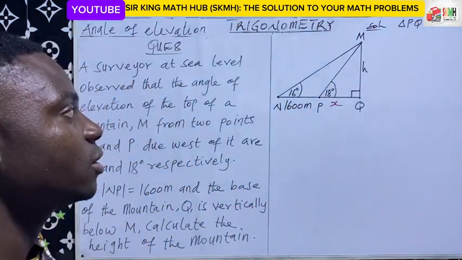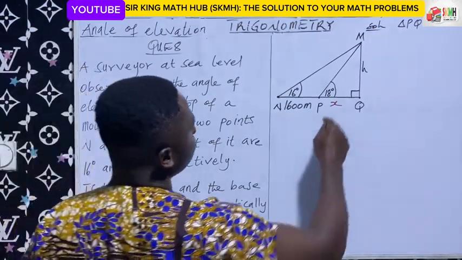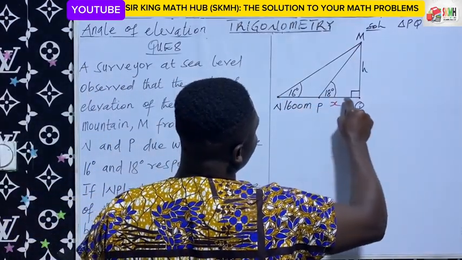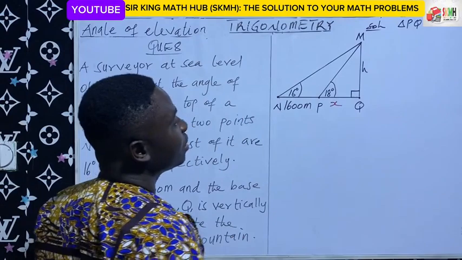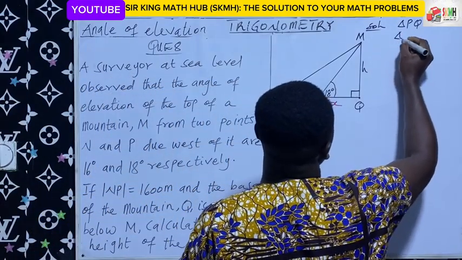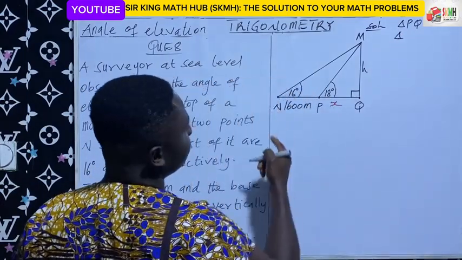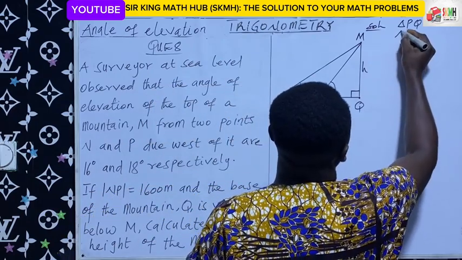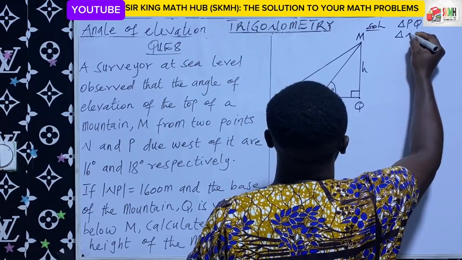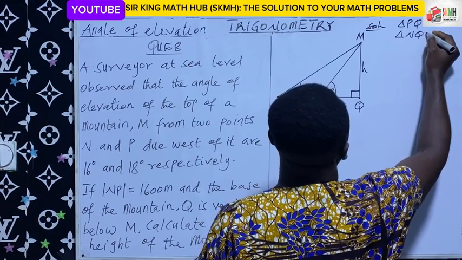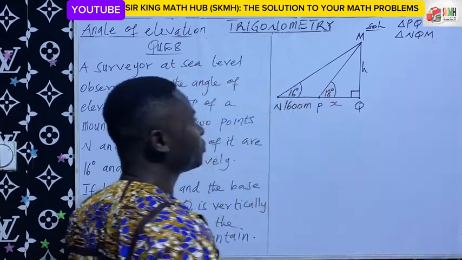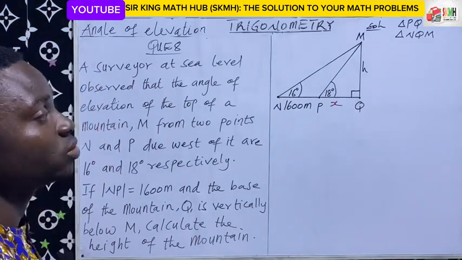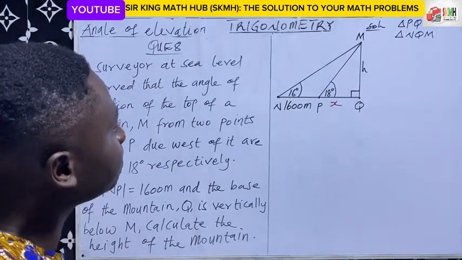Again, you can also see a bigger right angle triangle, this one. I'm naming the bigger right angle triangle as triangle NQM. So take note of the two different right angle triangles.